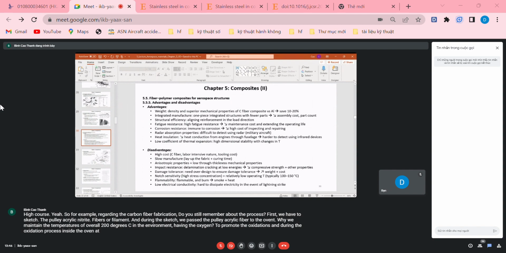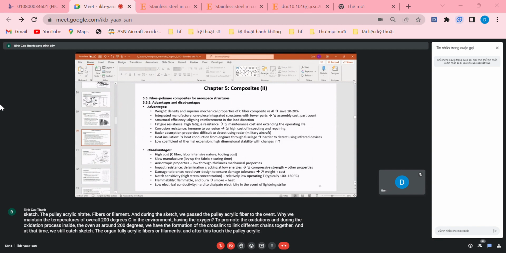And during the oxidation process inside the oven at around 200 degrees C, we have the formation of cross-links to link different chains together. And at that time, we still stretch the polyacrylonitrile fibers or filaments.